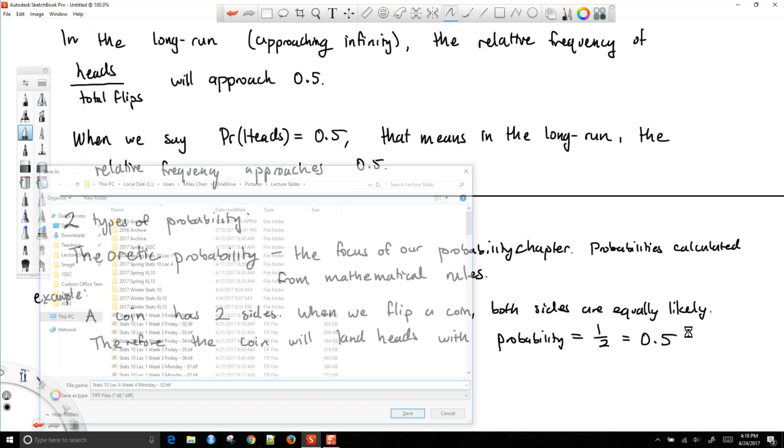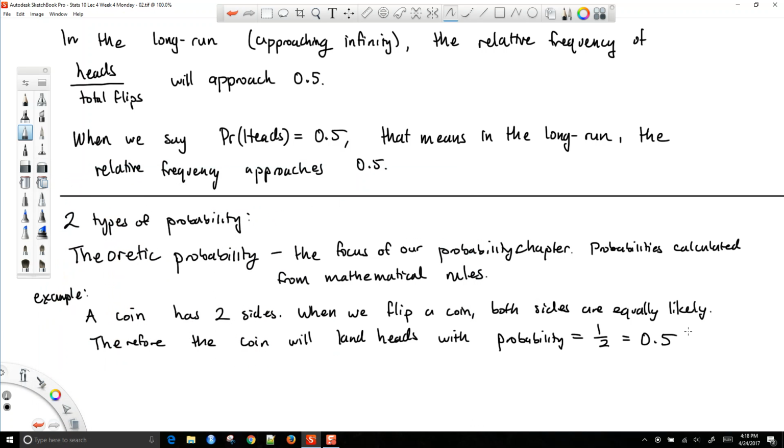That's a theoretic probability. We'll learn more rules today and Wednesday and next week. We're starting our chapter on probability here, okay? So the coin will land heads with probability 1/2 because both sides are equally likely. So that's a theoretic probability.